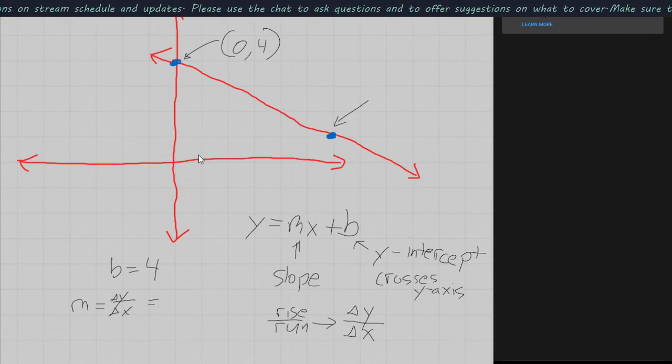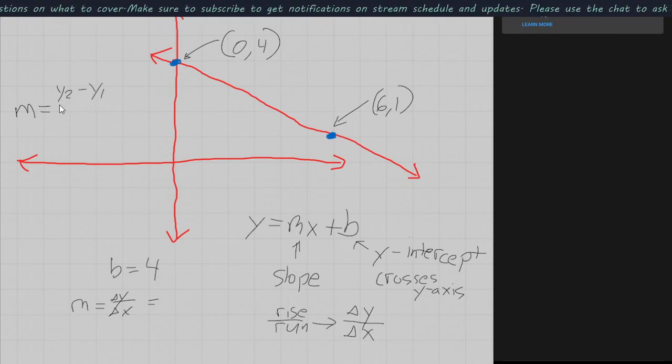So if we were to look at this point, this would be at 1, 2, 3, 4, 5, 6, 1. So we could use these 2 points to come up with our slope. And the equation you would use for the slope would be y sub 2 minus y sub 1 over x sub 2 minus x sub 1.